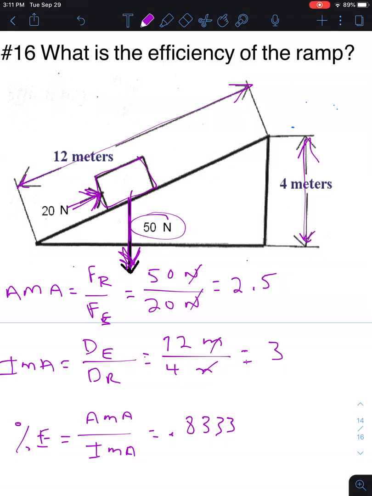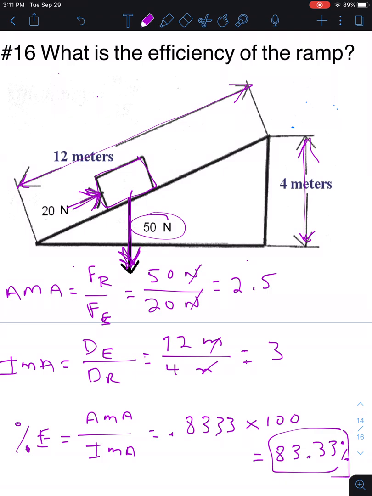To change that to a percent, in order to get the percent efficiency, we multiply by 100, and that gives you an efficiency of 83.33%.